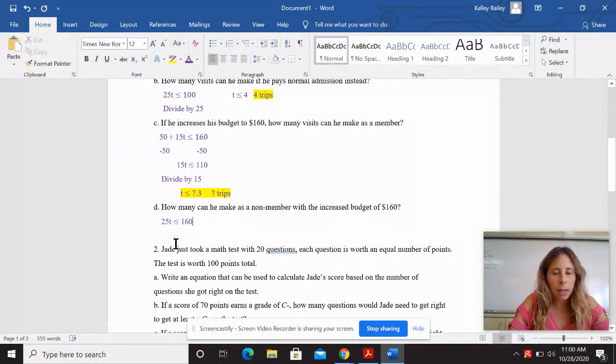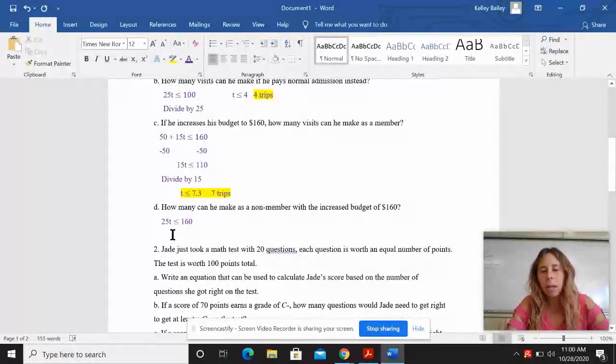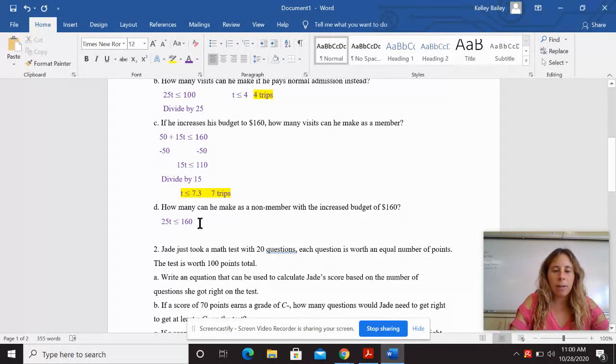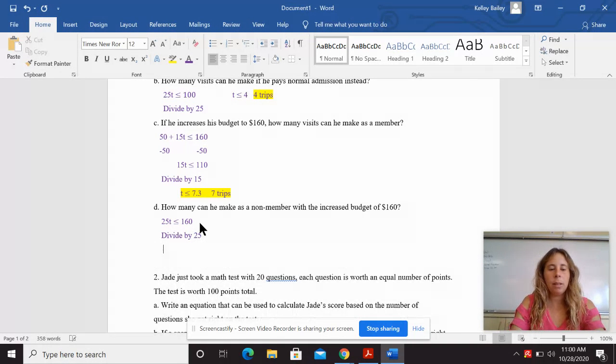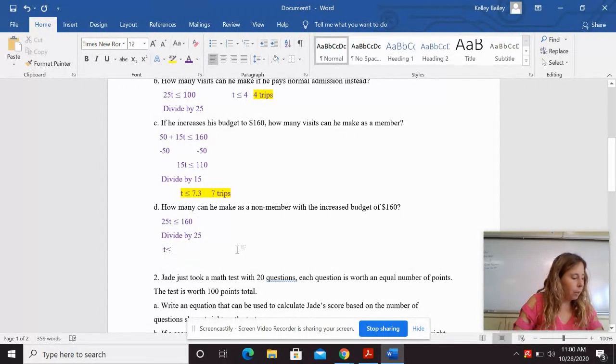And then once again, we just solve for t by subtracting 25. No, don't do that. By dividing by 25. You'll get t less than or equal to 160 divided by 25.